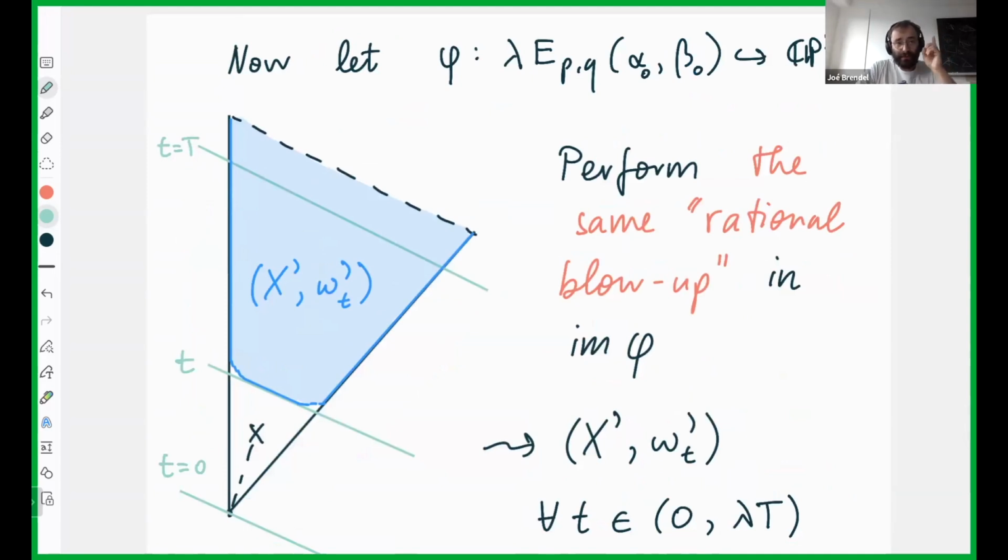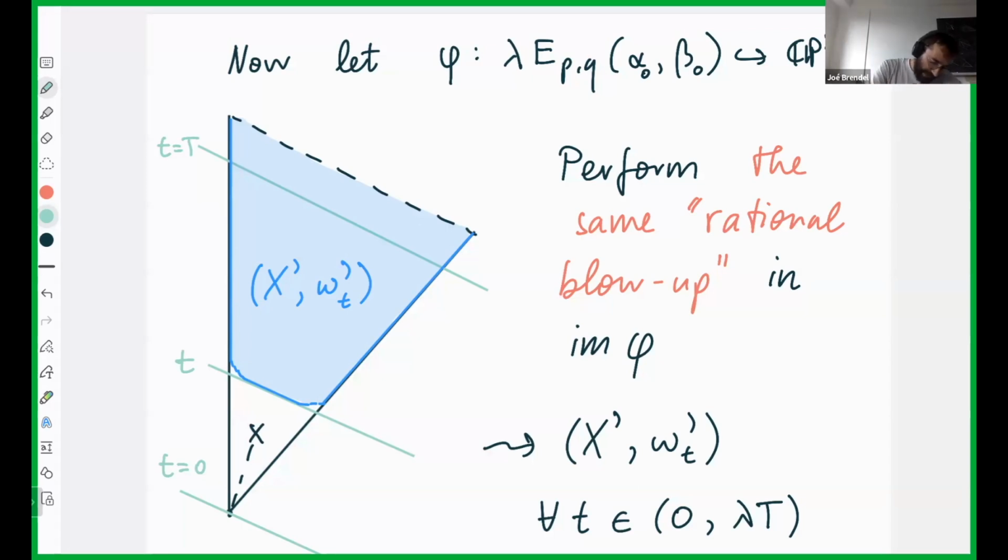Let's do a slightly different operation. Before, I was doing this operation in the standard embedding of the ellipsoid that you see from the almost toric fibration, but now we are given just any embedding. And we do the same operation in the image of this embedding. So we do a family of those pseudo-rational blowups in the image.